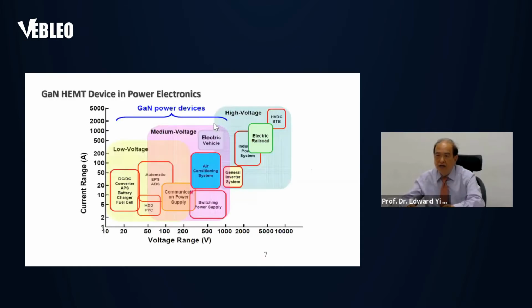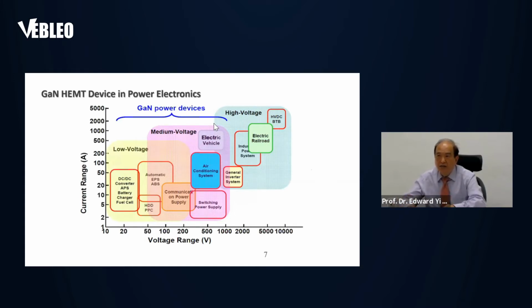And this device, compared to silicon IGBT and compared to silicon carbide, has very good performance. So again, we have very high current and high voltage. This is really good for the power device.